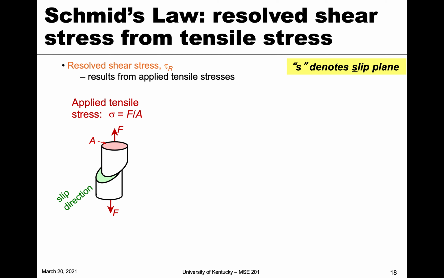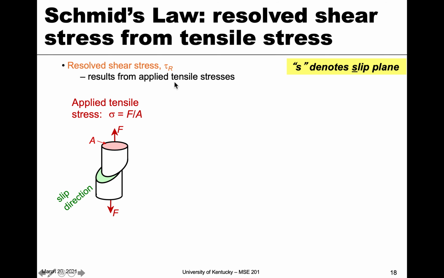And to do that, we use what's called Schmid's law. This resolves shear stress from a tensile stress. So we take a force that's perpendicular to the cross-sectional area, and we resolve that stress in the slip plane and direction. So that's our slip direction and plane here, the green, and then the red is the cross-sectional area, and the force is applied tensile.